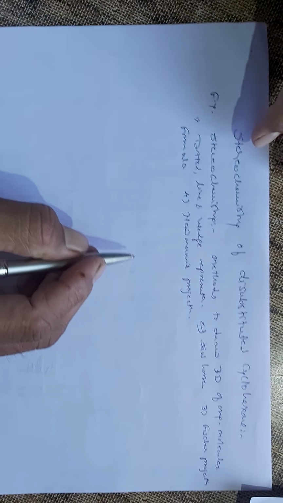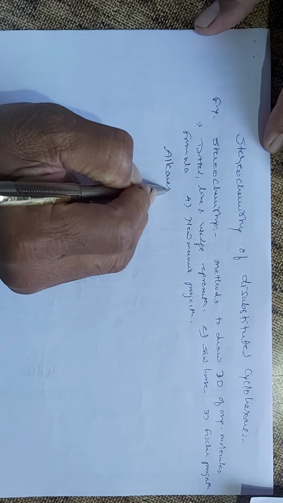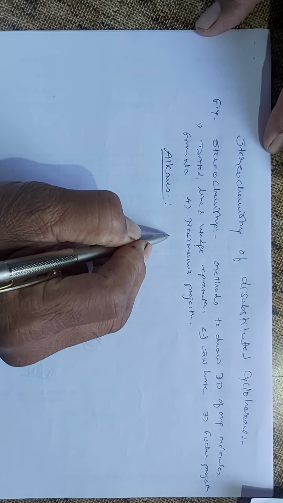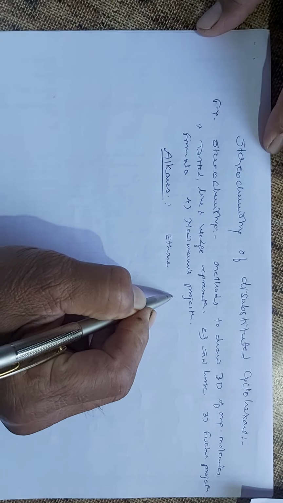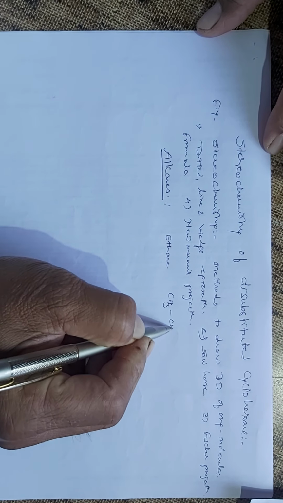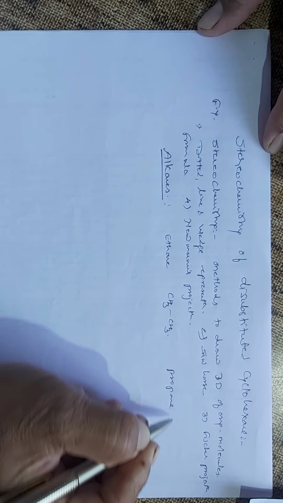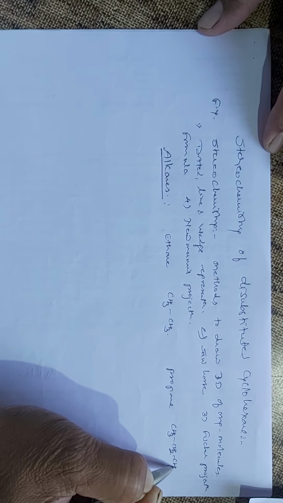Then we studied the stereochemistry of alkanes, that is the open chain compounds. In the stereochemistry of alkanes, we studied the stereochemistry of ethane, that is CH3, CH3. Then we studied the stereochemistry of propane, that is CH3, CH2, CH3.